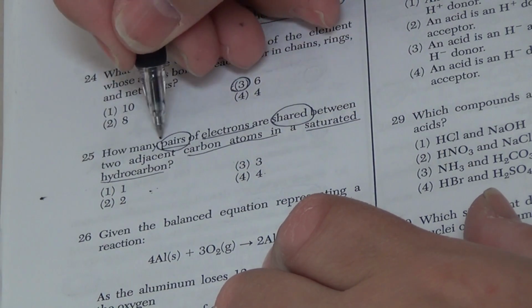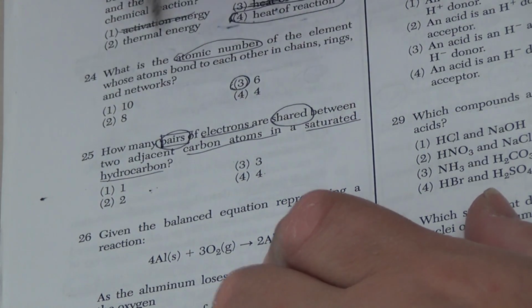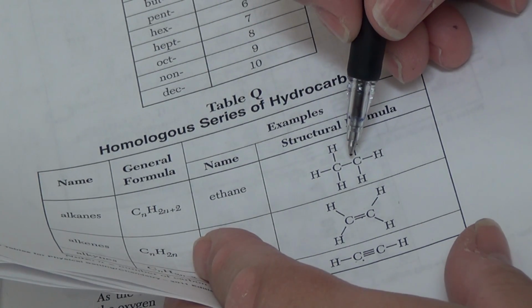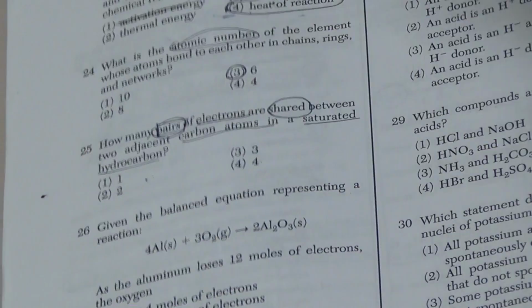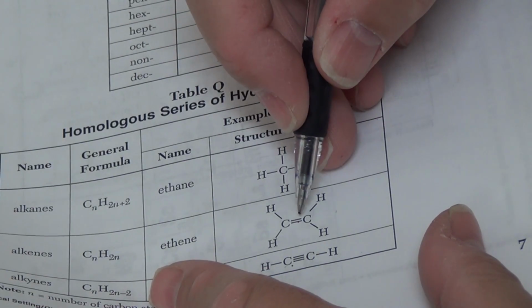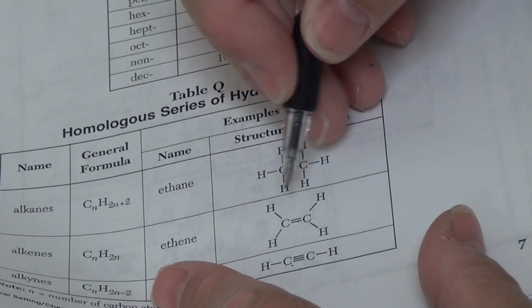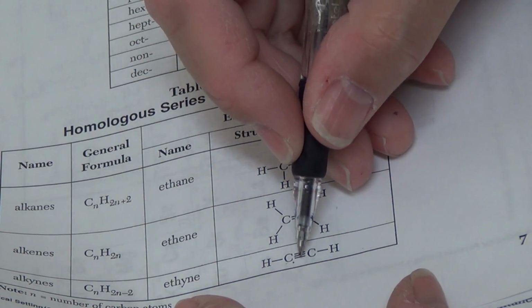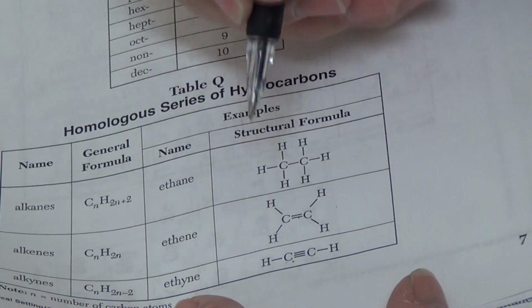How many pairs of electrons? Since it's a single bond, one pair. An alkene would have two pairs, one for each bond, and the alkyne would have three pairs, one for each bond.